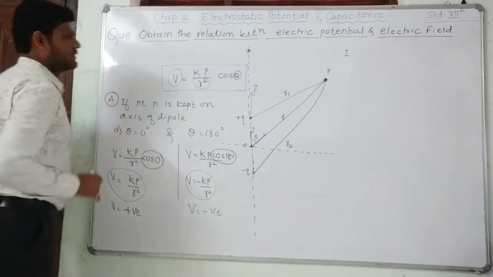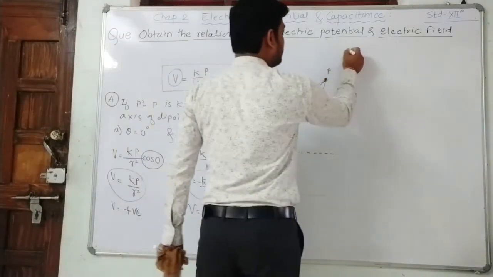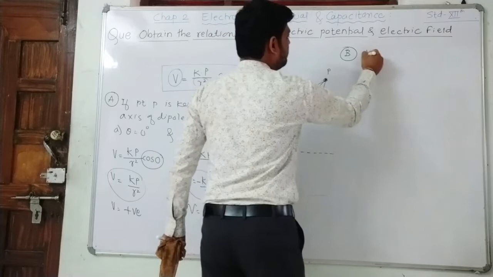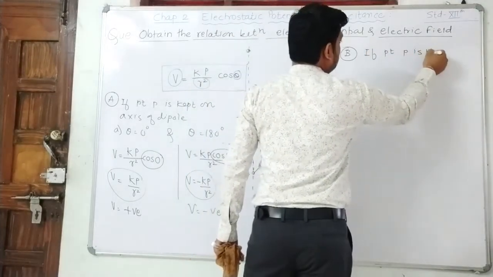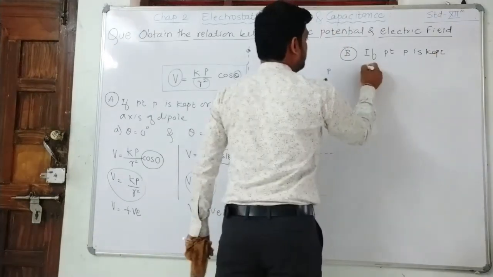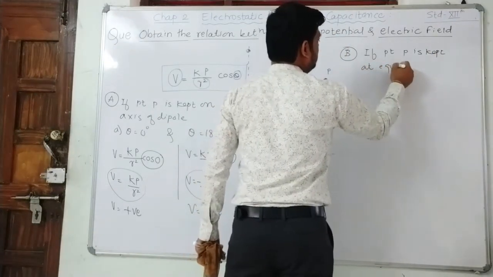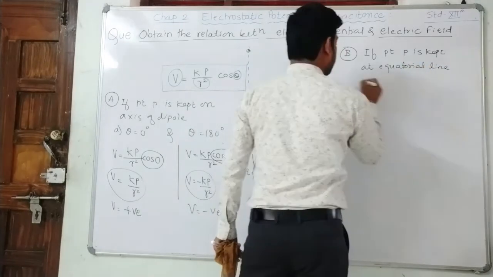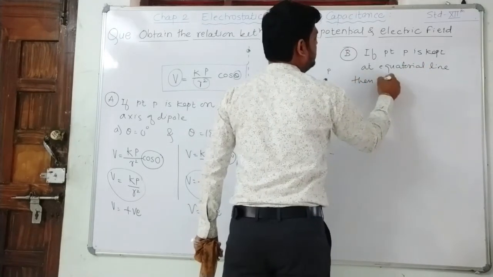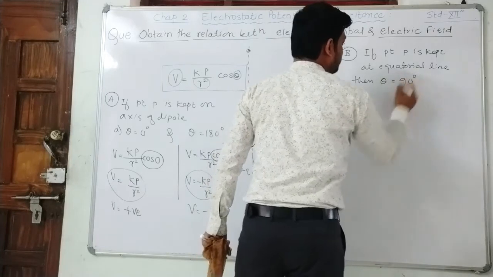Second case, if point P is kept at the equatorial line, then theta equals 90 degree.